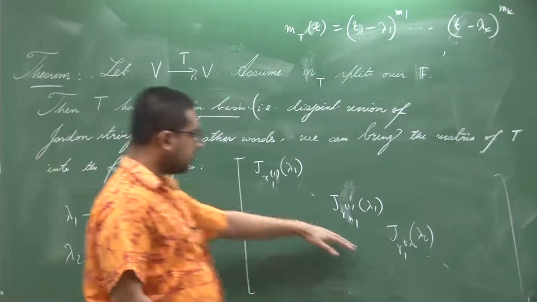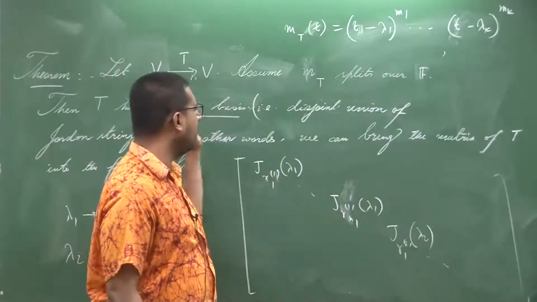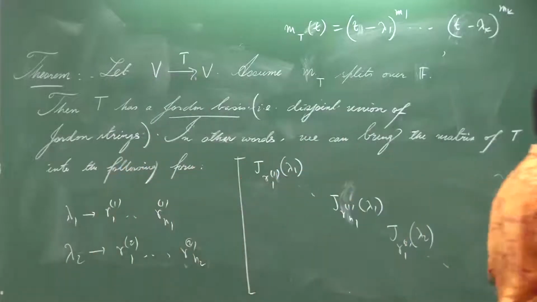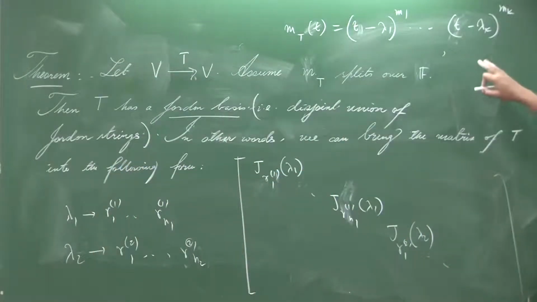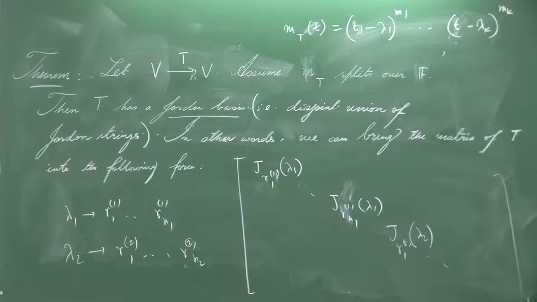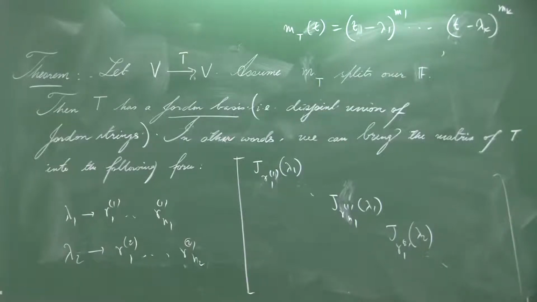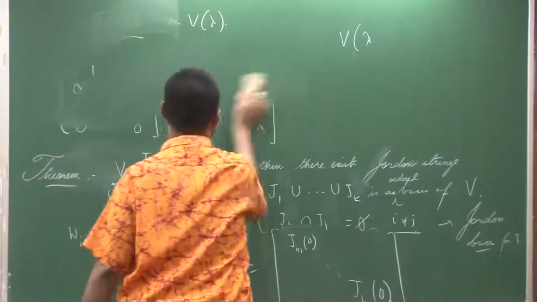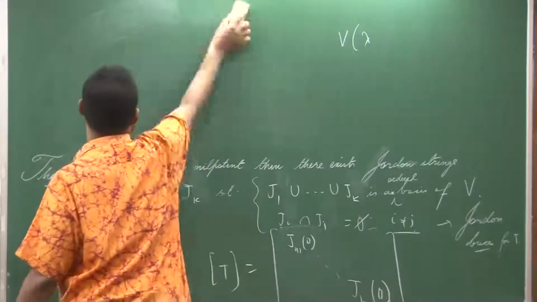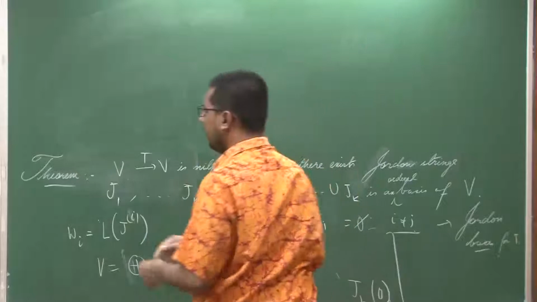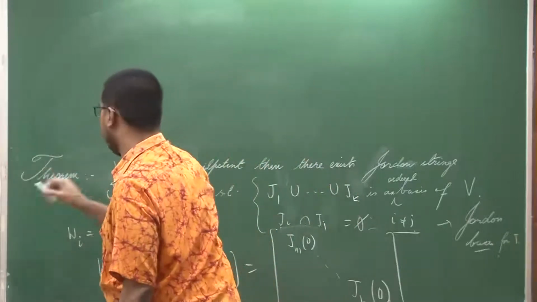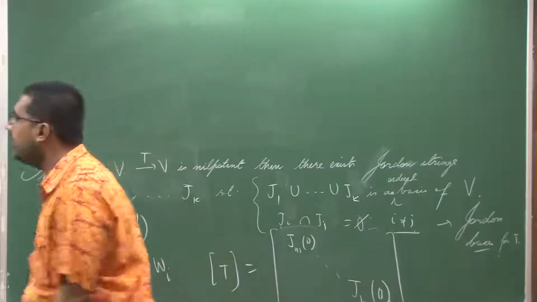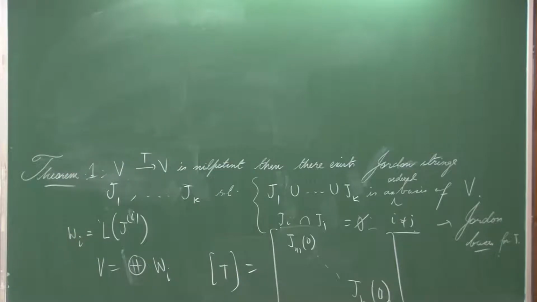So, this is what we are looking for, and why is this true? That is very simple. On V lambda I, if the minimal polynomial splits. So, let me first give you the justification why, if I call this theorem 1 and this theorem 2, theorem 1 implies theorem 2.